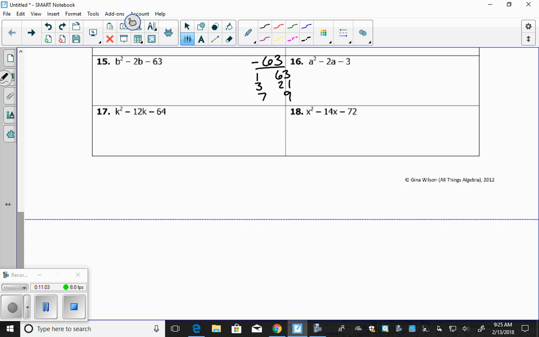The bigger number is going to be negative, because the middle term is negative. Okay? Yes.